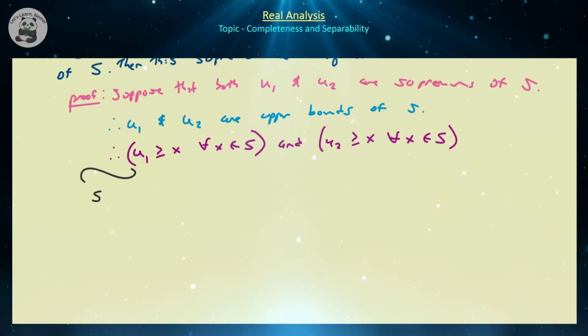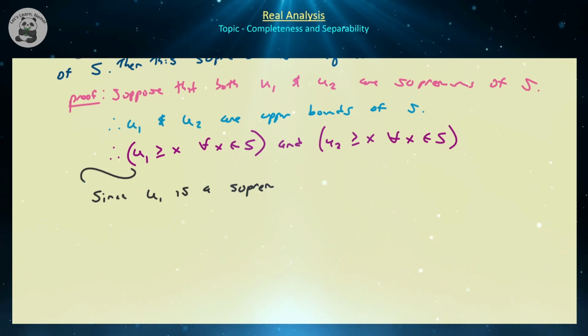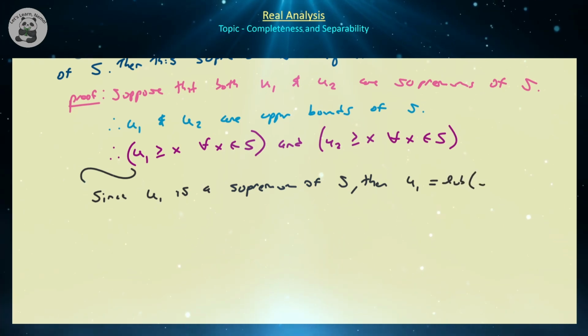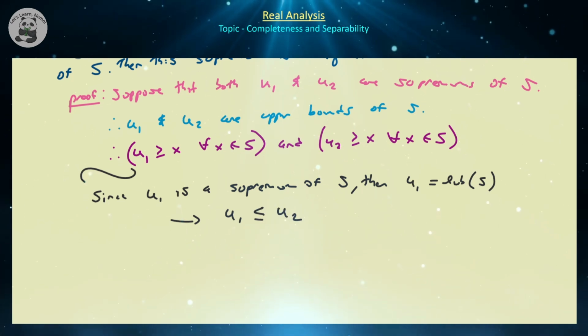Okay? So since U1 is a supremum of S, that means U1 is the least upper bound for S. So if that is the case, that means U1 must be less than or equal to U2 because it is the least upper bound, right?